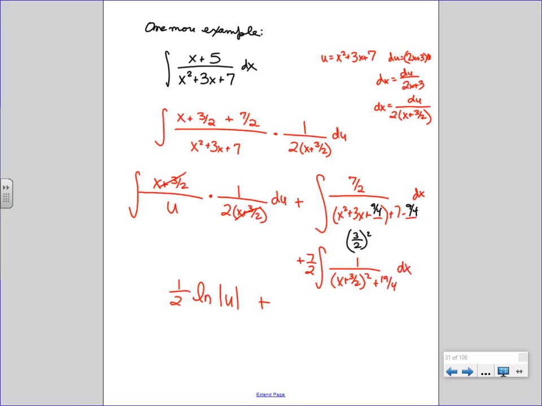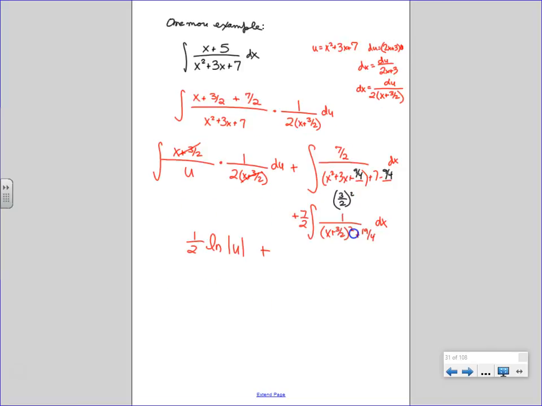Who is this? Arctan. Wait, are you kidding? U over A? Before I get too confused, I'm going to go ahead and change this one out, because this U is a different U, right? This one is U equals x squared plus 3x plus 7, plus, now if you want to, you could technically do a V. Here's one way of thinking about it: because U is for one part, this shouldn't technically be called U, because U already has been established.